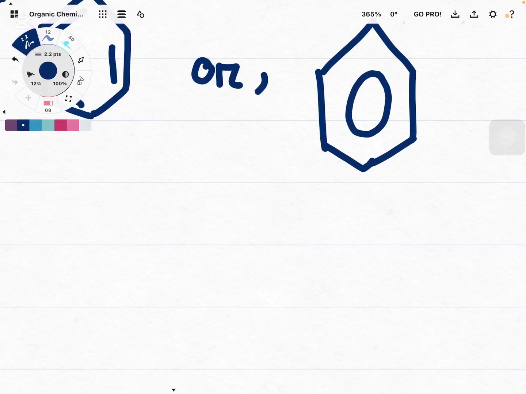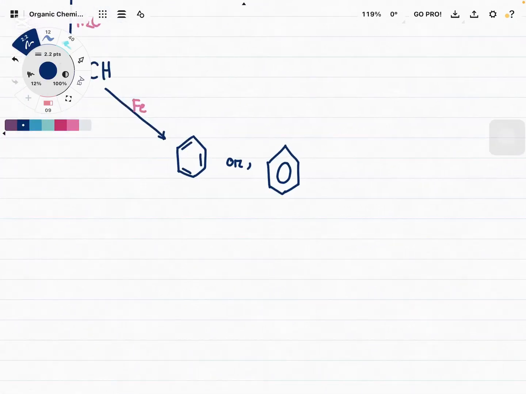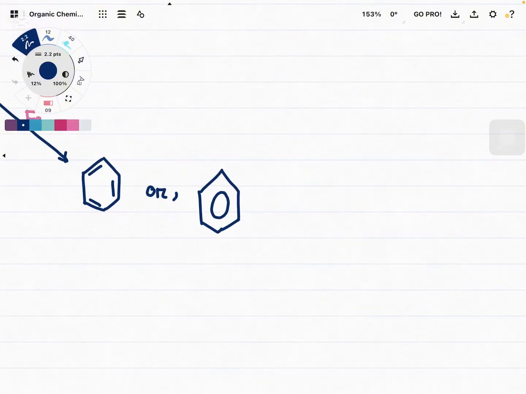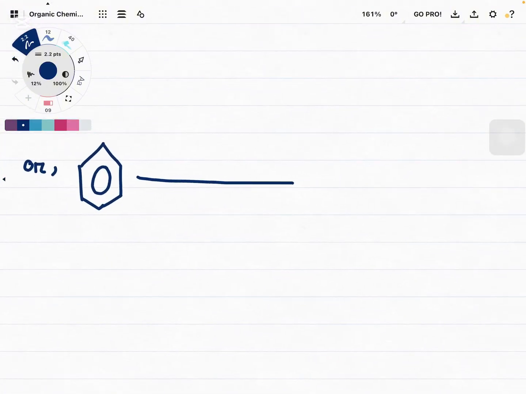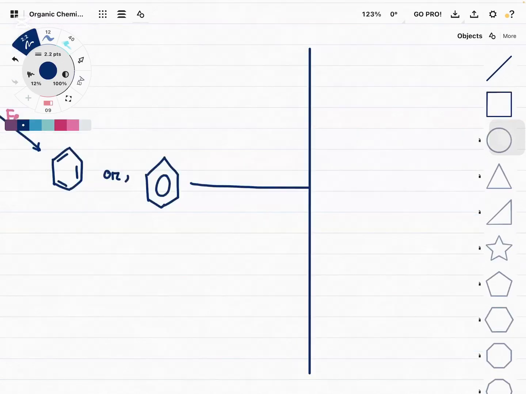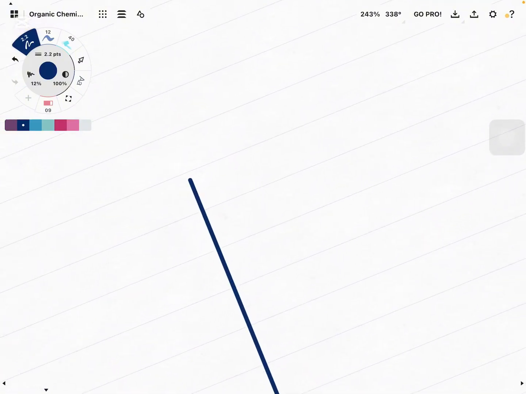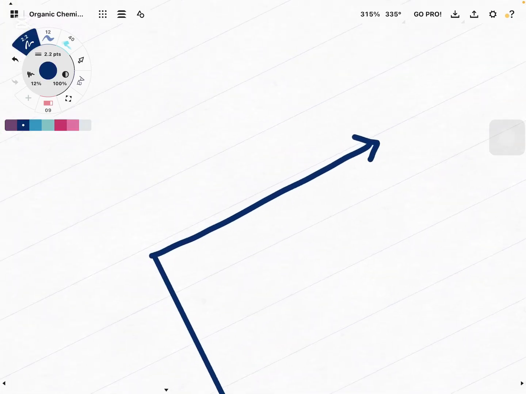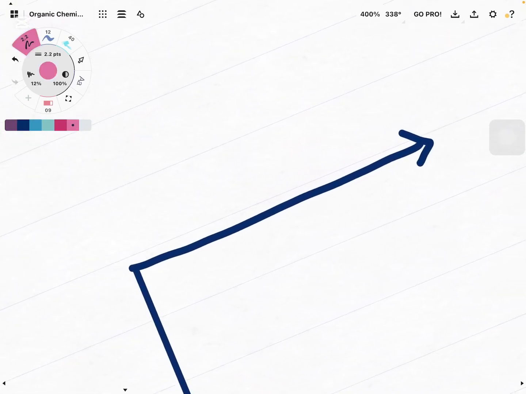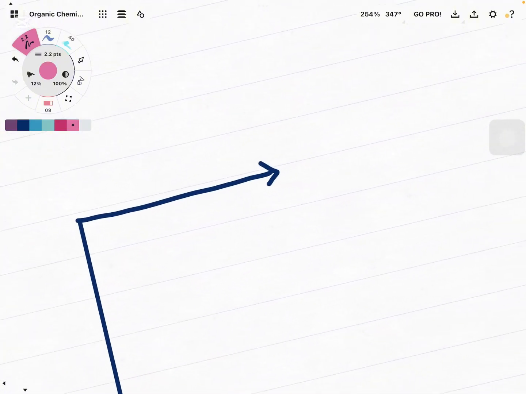So now that we have our benzene, we are going to have some reactions of benzene. Okay, so I have got it here, and now we will start the reactions of benzene. So the first one is going to be to make cyclohexane.